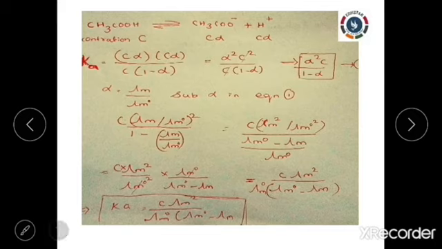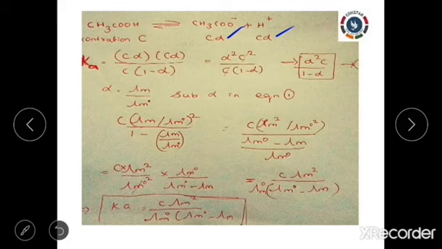Next, this is how I have derived the dissociation constant. See, this is acetic acid. In acetic acid, at a particular instant, C alpha are dissociated or formed in the reaction. So C alpha acetate ions and C alpha hydrogen ions are formed. Ka is the dissociation constant.